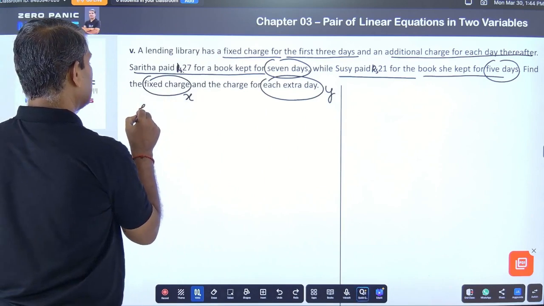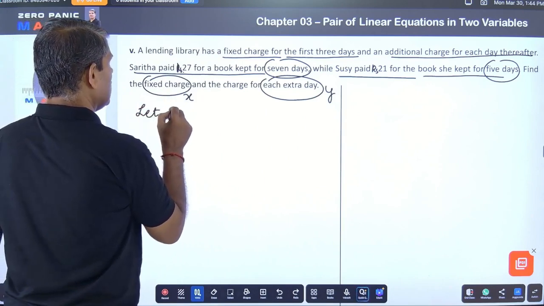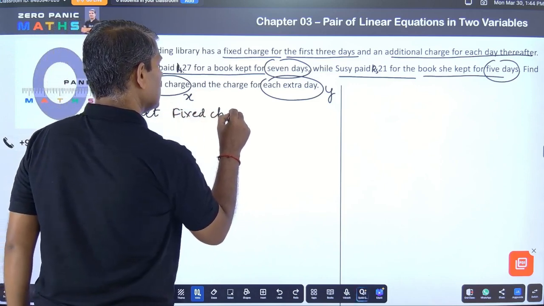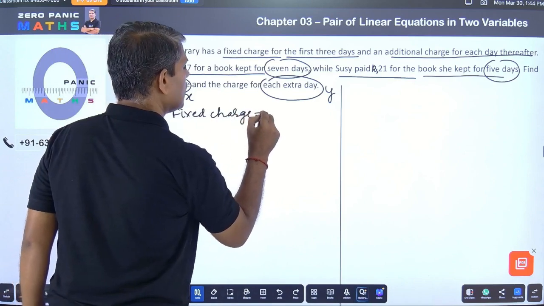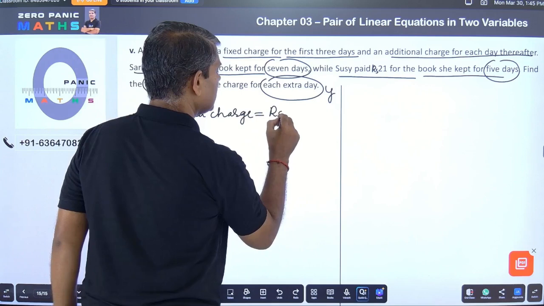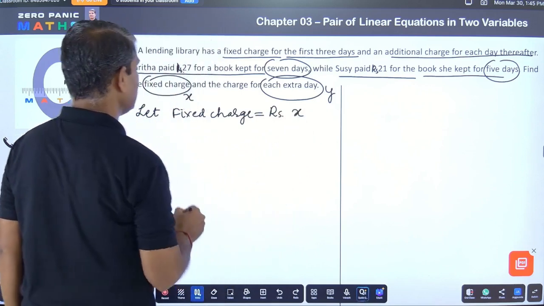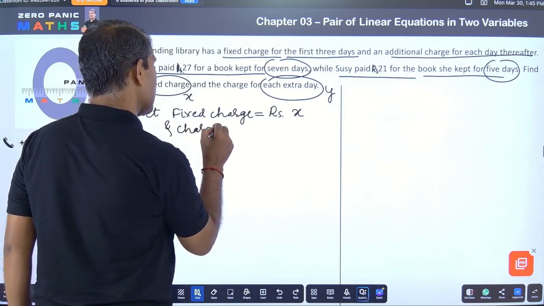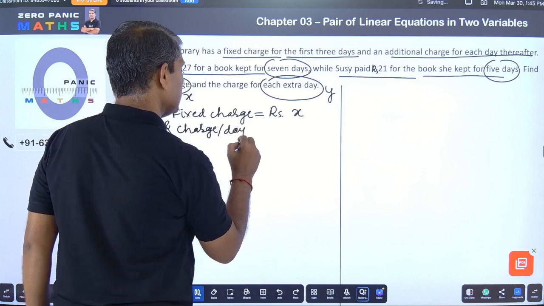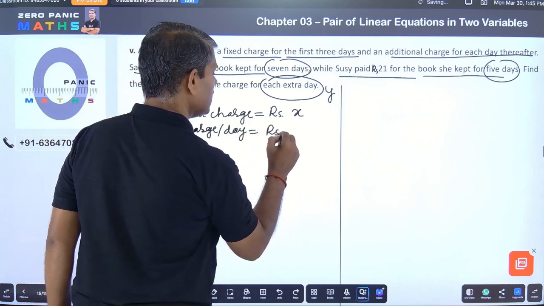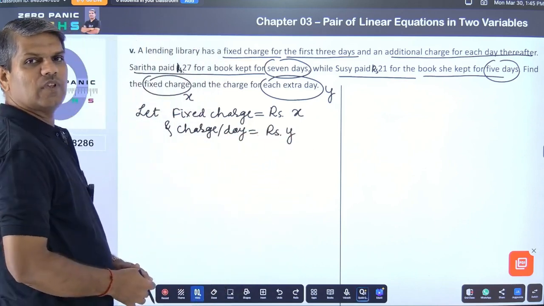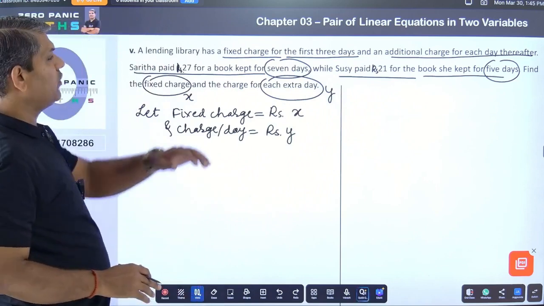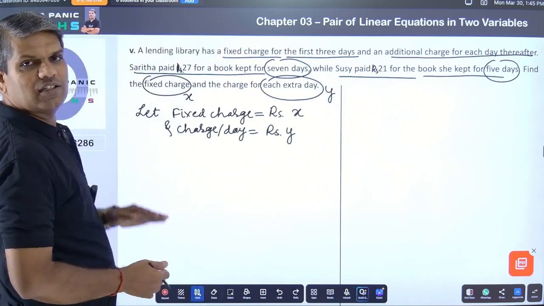Let the fixed charge be rupees x, and the charge per day be rupees y. That is the information we can get from the first part.